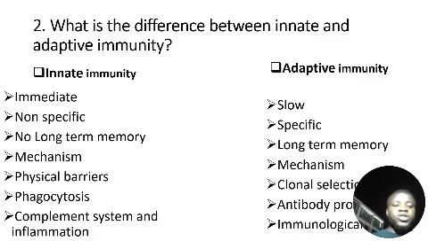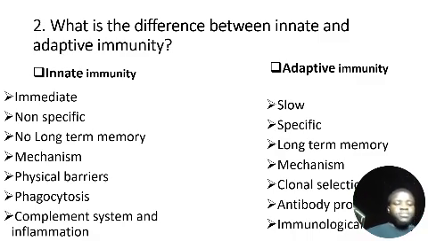The second question is the difference between innate and adaptive immunity. In innate immunity, the response is immediate, while for adaptive it is slow. Innate immunity is non-specific, while adaptive is specific. In innate immunity, there is no long-term memory, while in adaptive immunity, there is long-term memory.